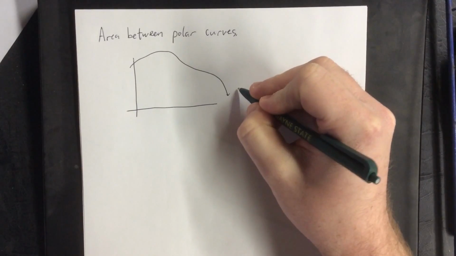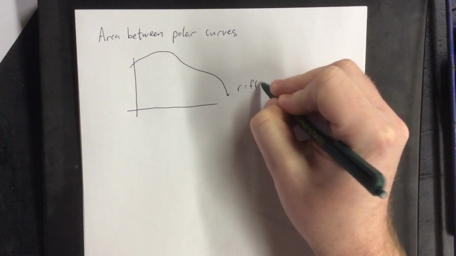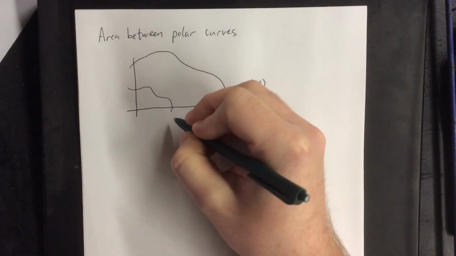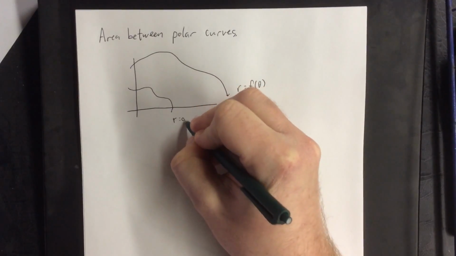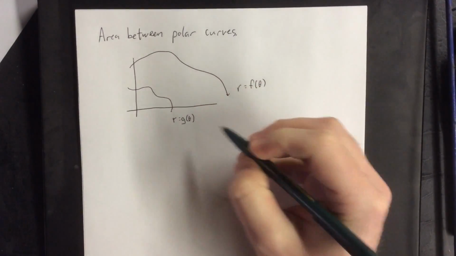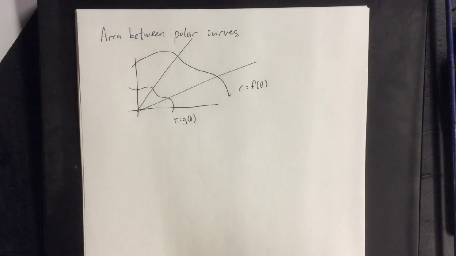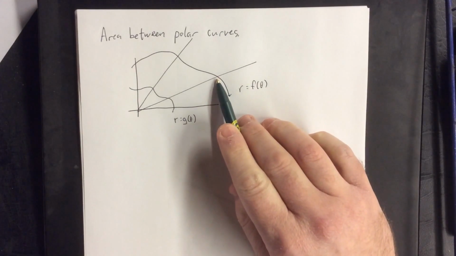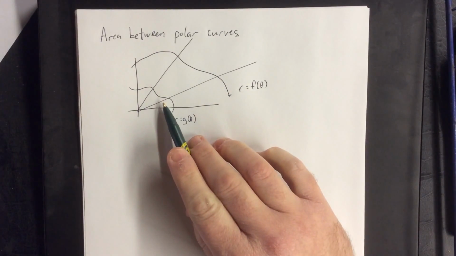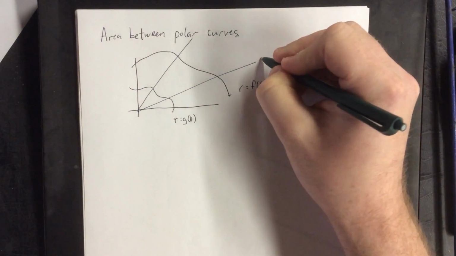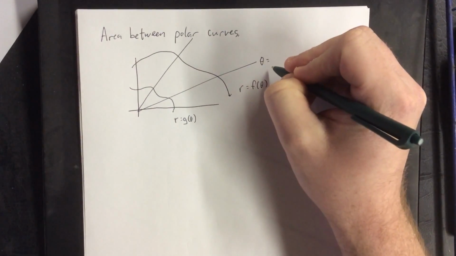We'll have an outer curve, r equals f of theta, and then an inner polar curve, where r is equal to g of theta. The reason that we talk about outer and inner is because outer is referring to a larger value of r, inner is referring to a smaller value of r. Again, r represents the distance from the pole out to each of these curves.